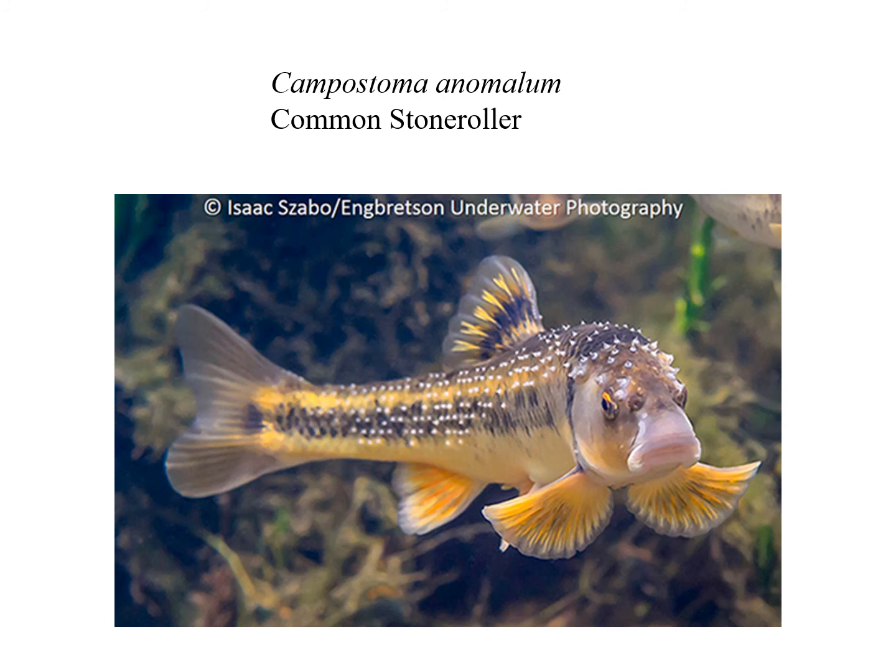His lower lip is hard. They call them stone rollers because they flip rocks over and they scrape algae off with their lower lip. The epithet anomalum, an anomaly is something that's unusual, right? So this fish has some unusual characteristics. So it means unusual fish with a curved mouth.